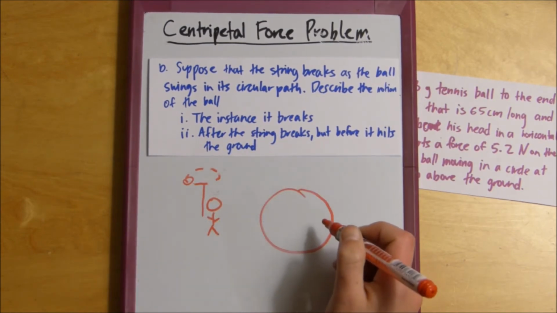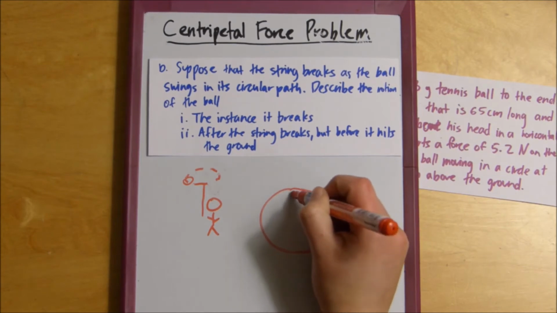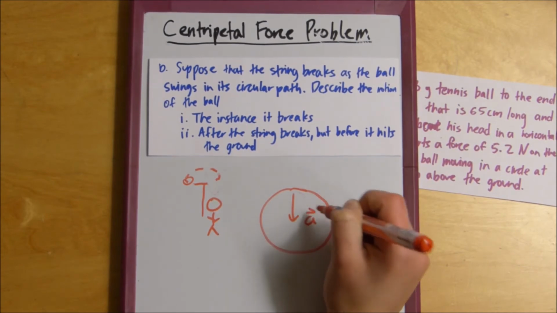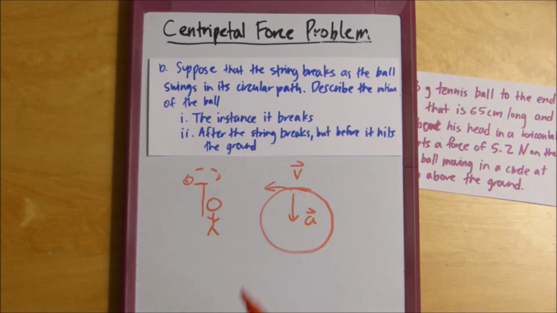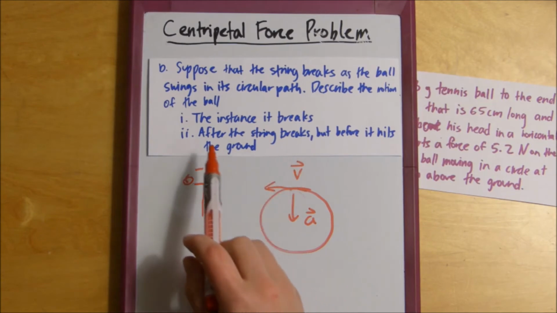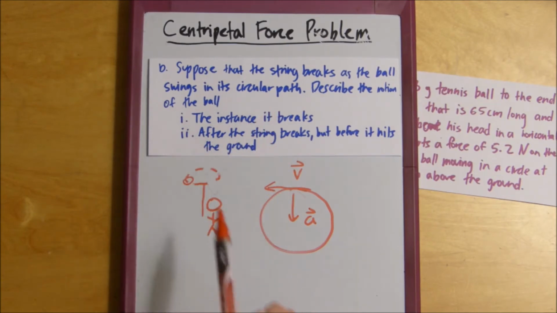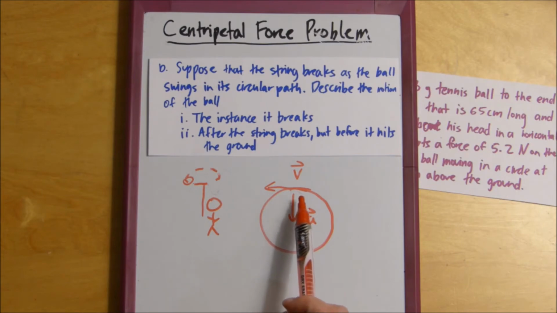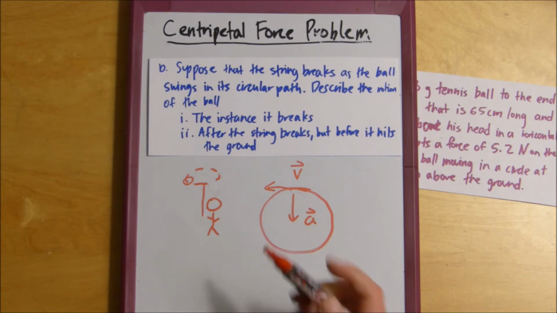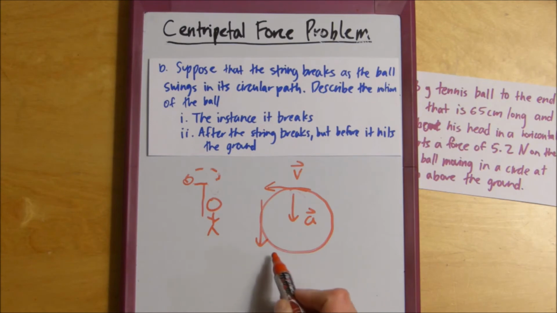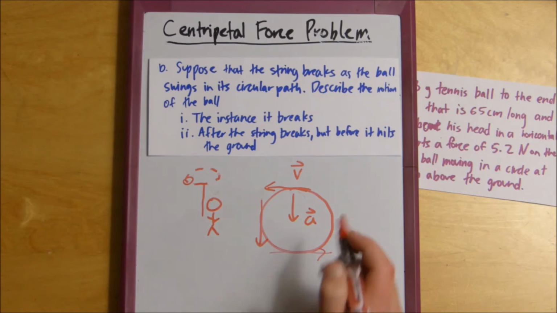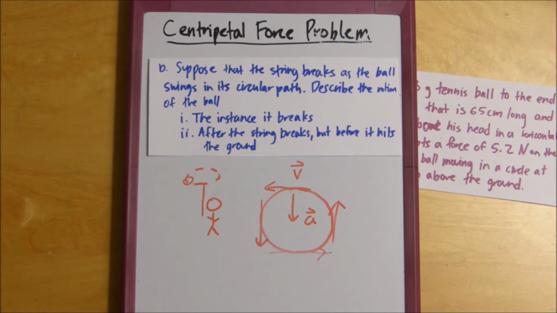When we look at the circular path, we see that the acceleration goes inward, and the velocity is always tangential to the circle. So when the string breaks, the ball would just keep moving in the direction of the velocity. It would just keep going in a straight line. If it broke when the ball was going this way, it would shoot out that way. If it broke here, it would shoot out this way. Either way, it would shoot out straight, right?